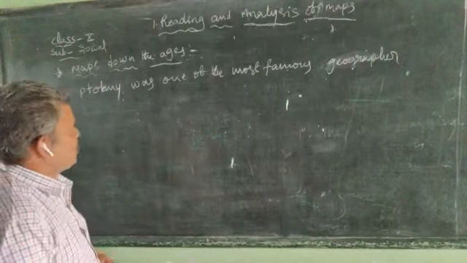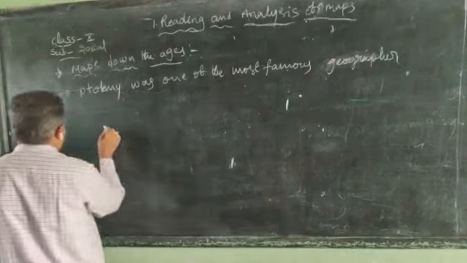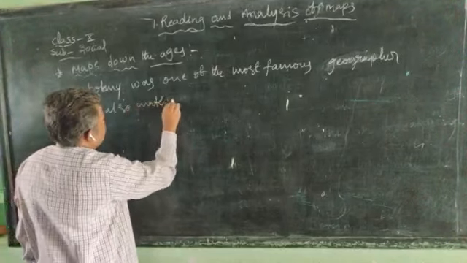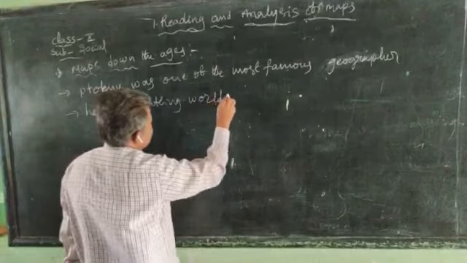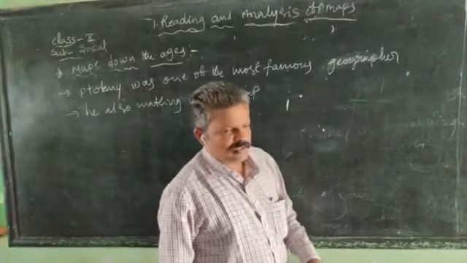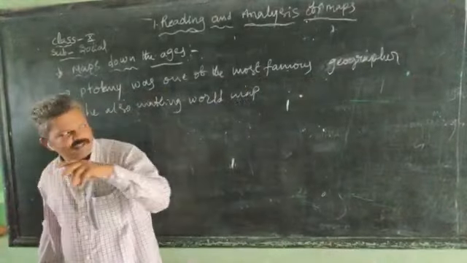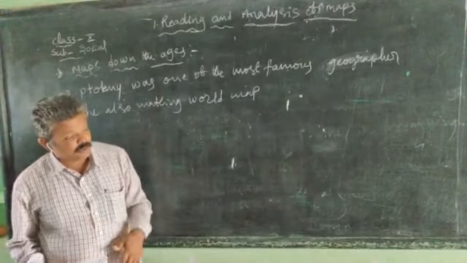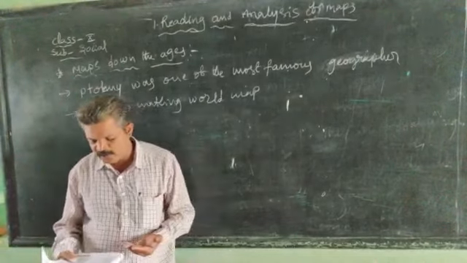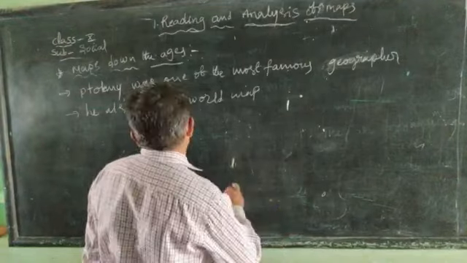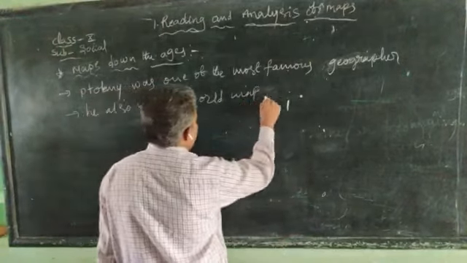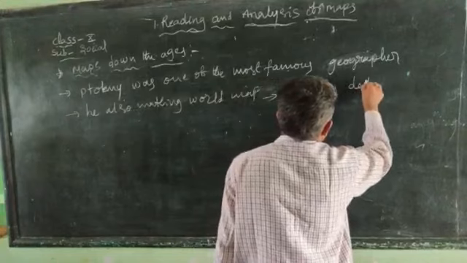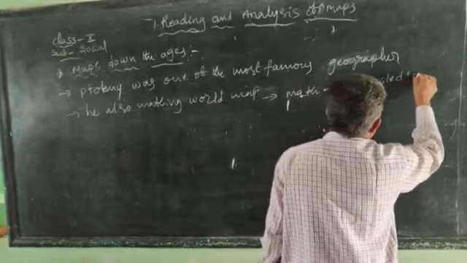He made a world map, just as the Sumerians, the Babylonians and the Greeks made world maps. Ptolemy, a famous geographer, prepared a detailed world map.